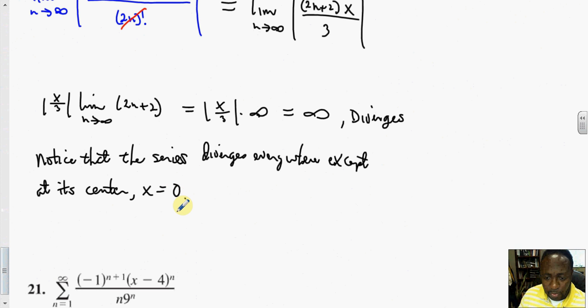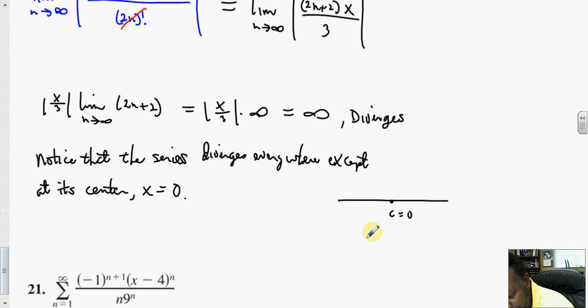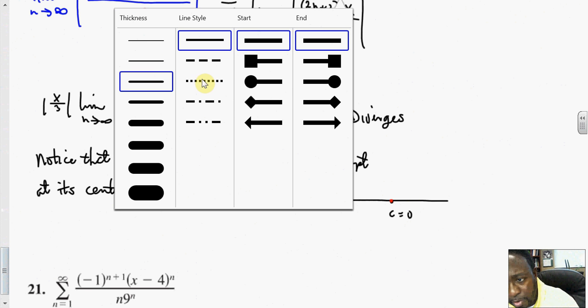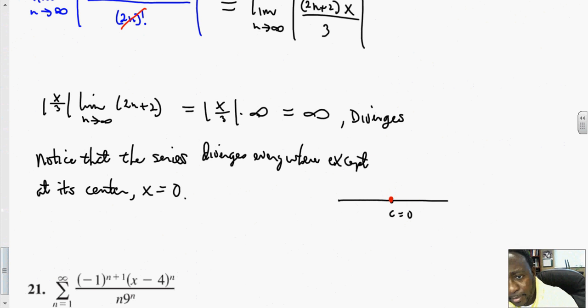So what's the radius? The radius is 0. So here I have the number line, and I have here this number c, right, which is 0, the center. And we say that the radius, now I need the big guy. Oh, there it is, even bigger. The radius is that.